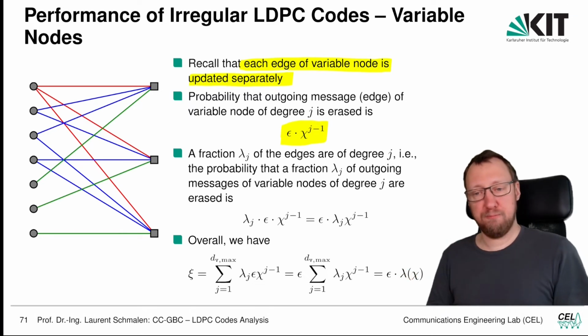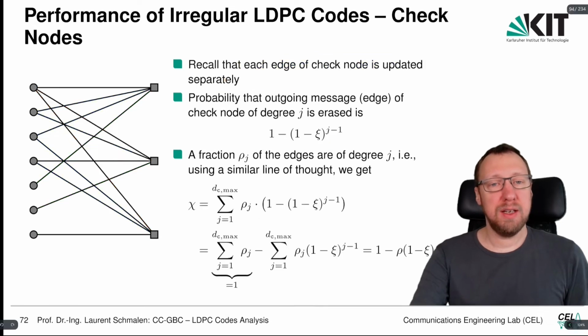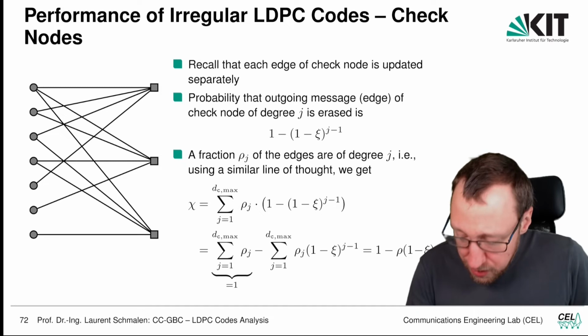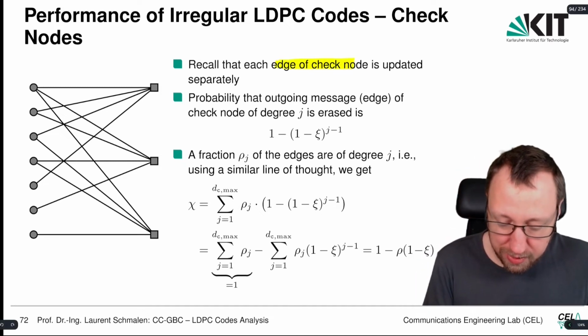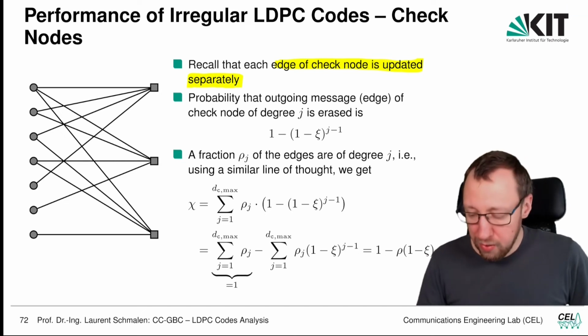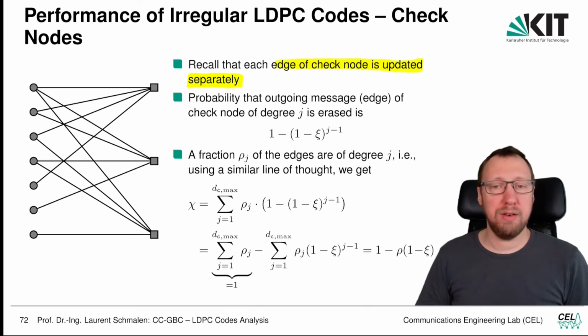Okay, half of the analysis is done. So now we look at the check nodes. Each edge of a check node is updated separately. And now we look at the probability that the outgoing message of a check node of degree j is erased.